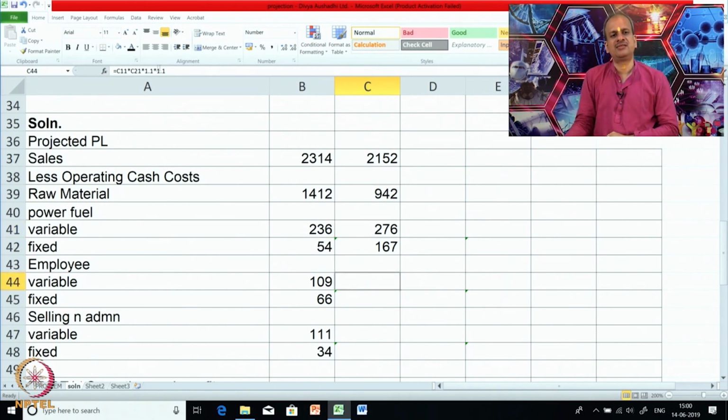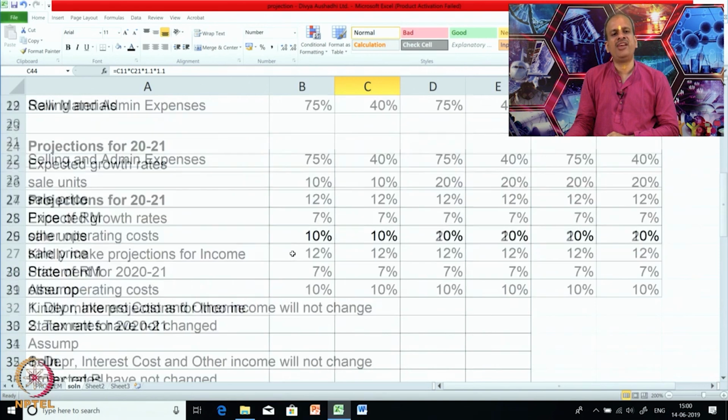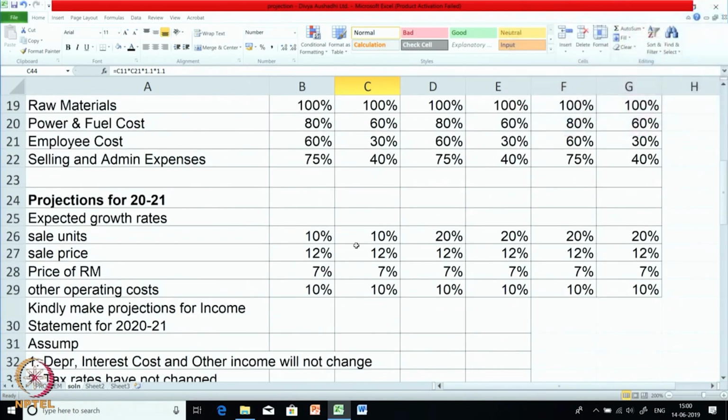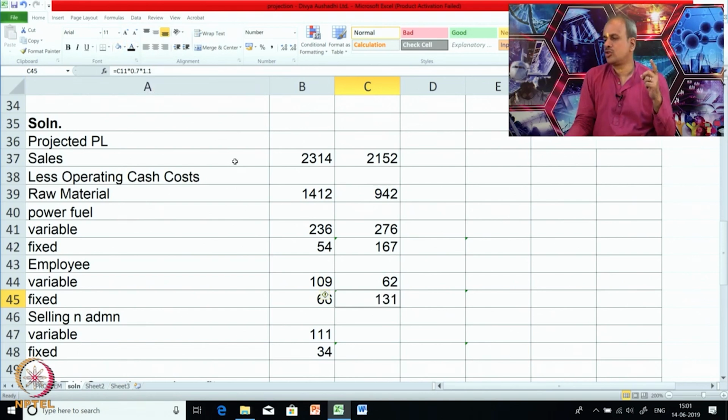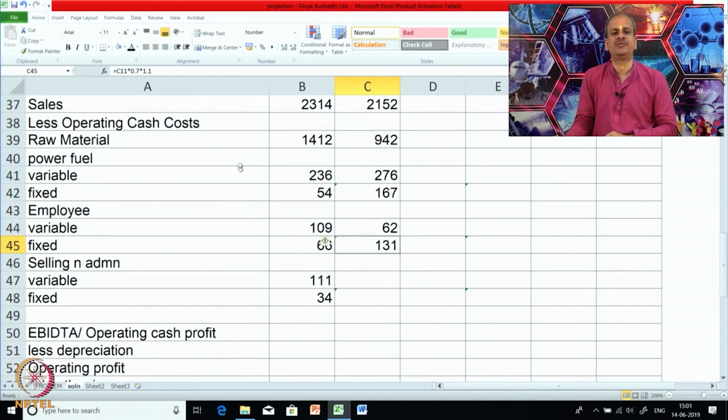Employee cost, we know the variability is 30% and this is a variable one. So change the total cost into 30% into 1.1 into 1.1. For fixed, we will just take one factor into account. So total cost into 70%, because 70% is a fixed component, into 1.1.